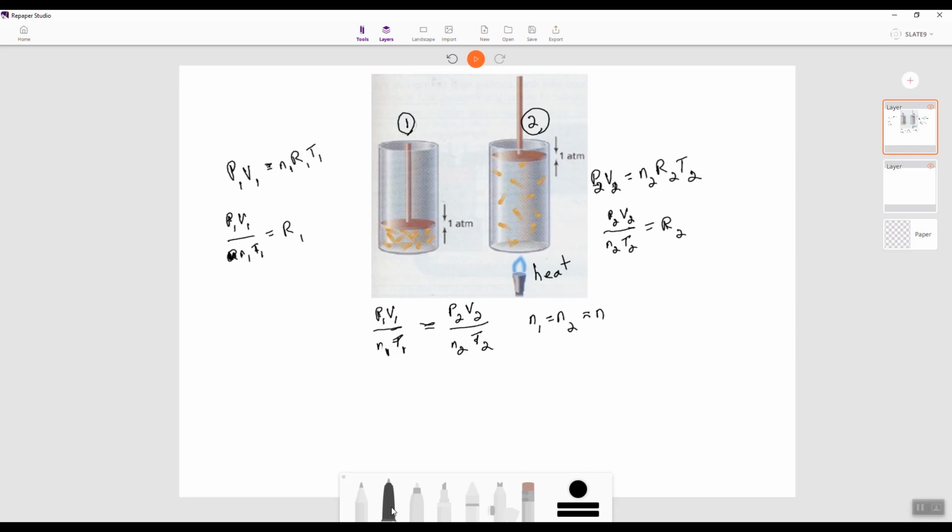So back to my original point, the n's are equal, so we can multiply by n on both sides, and we can get to P1 V1 over T1 equals P2 V2 over T2, and we're assuming no change to n, no change to the number of particles.